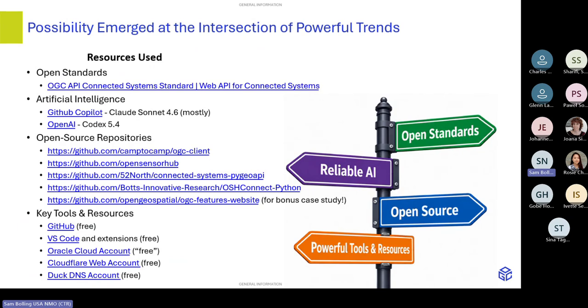To me, what made this project even possible, something to consider, something to pursue, something to try, fail a couple times, and eventually succeed, was the intersection of open standards, the reliable AI, and I'll get to that in a second, open source software, and the medium it's on, such as GitHub, and very powerful tools and resources. And most of them are free, if not all of them are free.